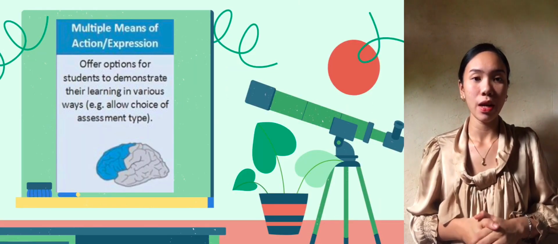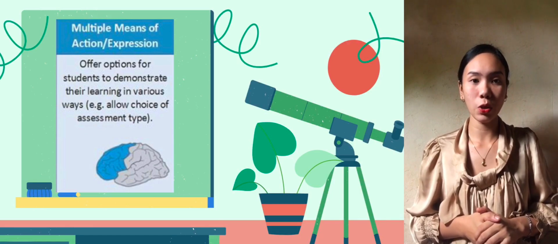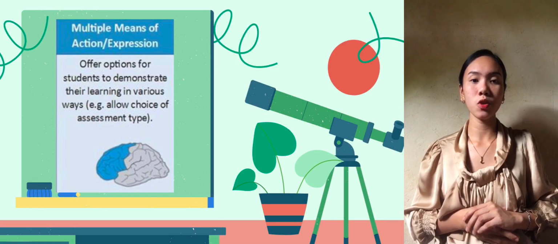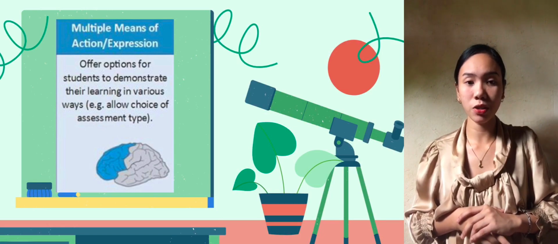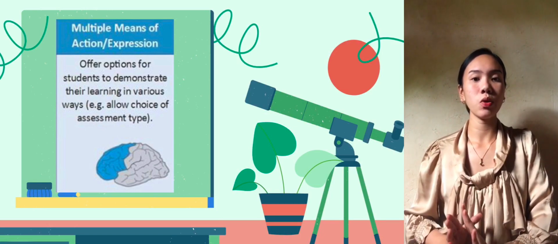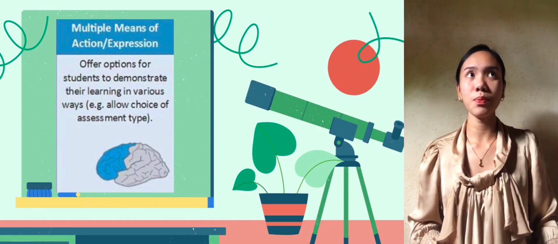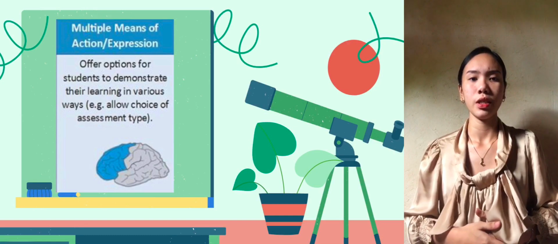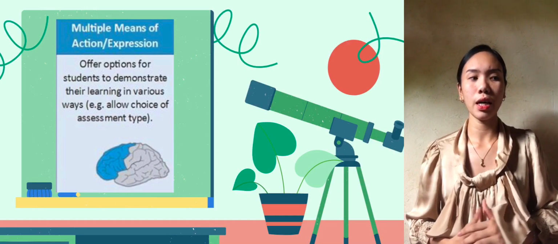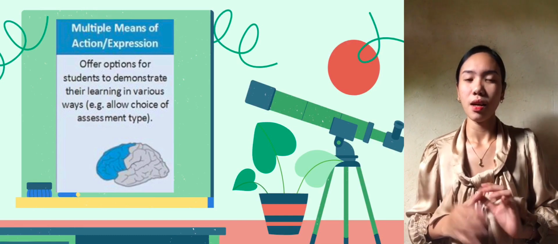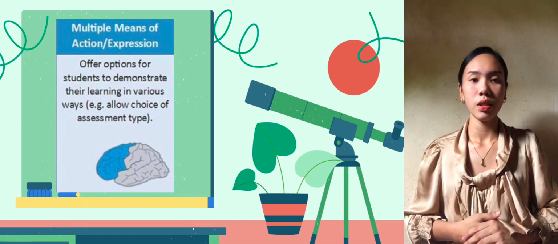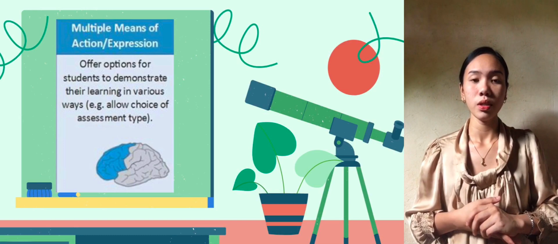Next we have multiple means of action or expression. It offers options for students to demonstrate their learning in various ways, allowing choice of assessment type. This means that if you're going to be a future teacher, you must offer any other way of learning that students can do.